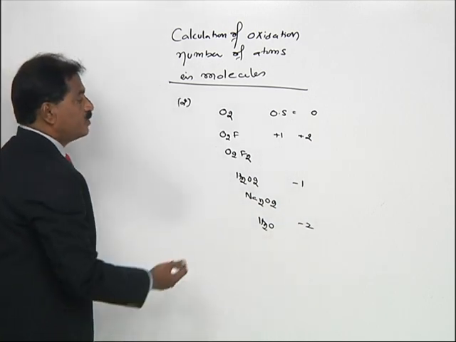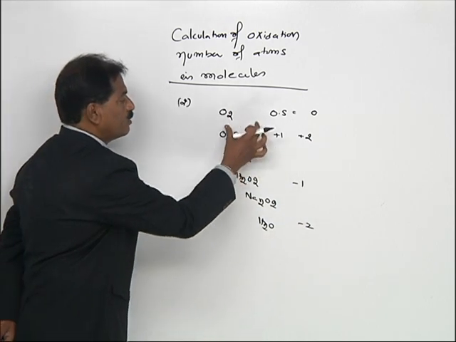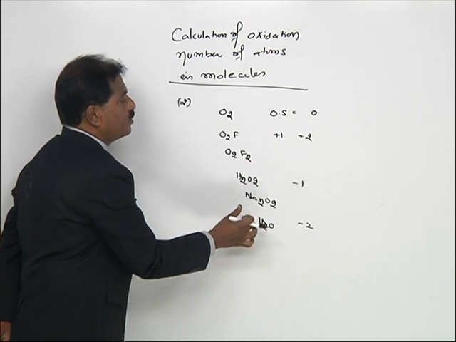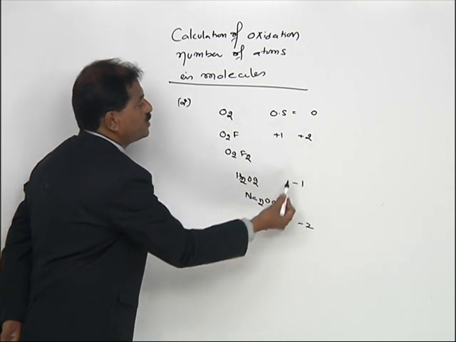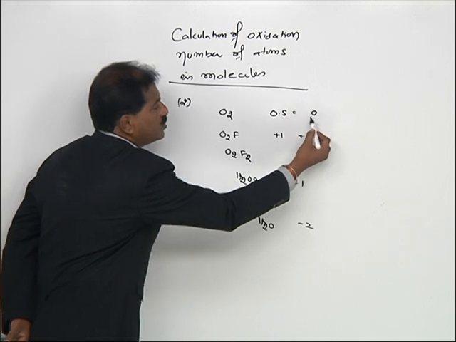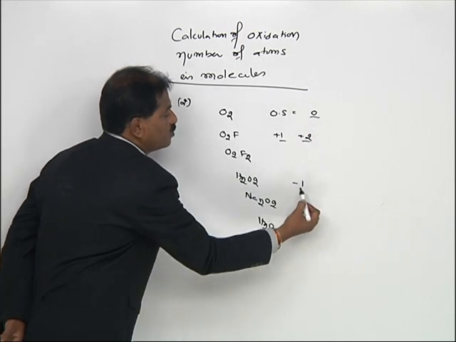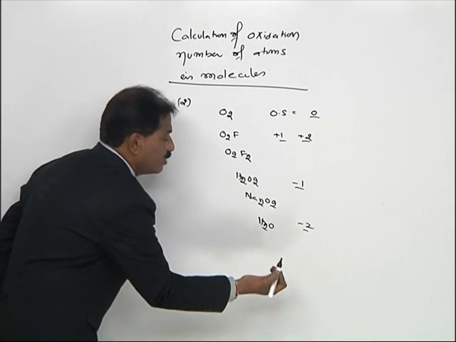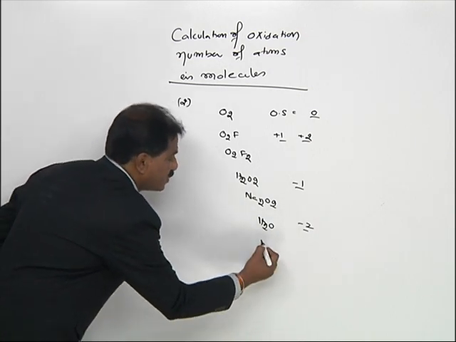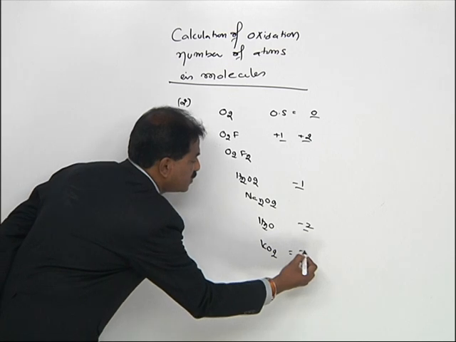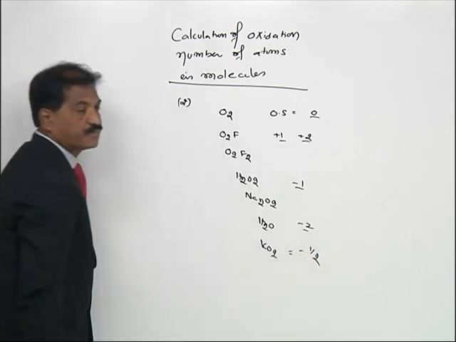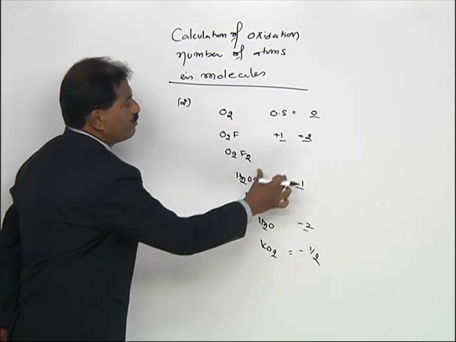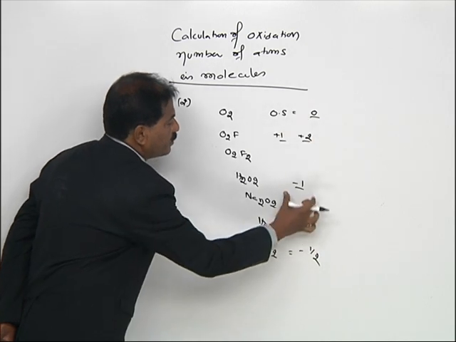So, therefore, when we come across various compounds, we will find 3 oxidation state values for the oxygen, either 0 or +1 or +2, -1 or -2. But in very few compounds like superoxides, KO2, here the oxidation state of the oxygen is -1/2. These are the different values that we can assign for oxygen.